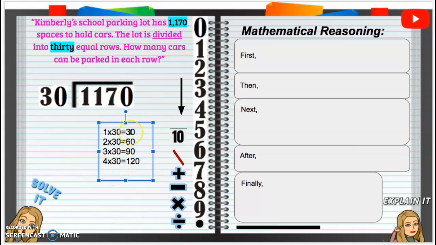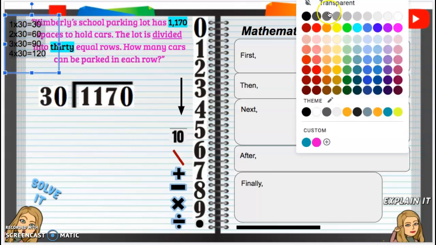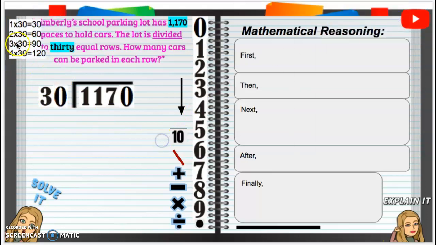So there we were listing our multiples of 30. So 120 is too big. That's too much. So what about 90? I'm going to move this over to the side up here. We're going to take a look and I'm going to put these in highlighted. So 30 can go into 90 3 times.